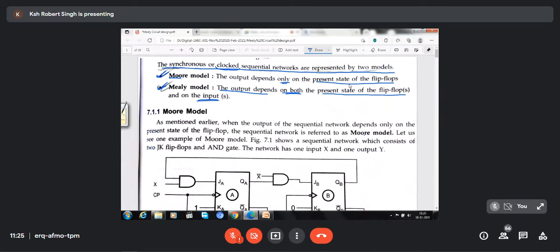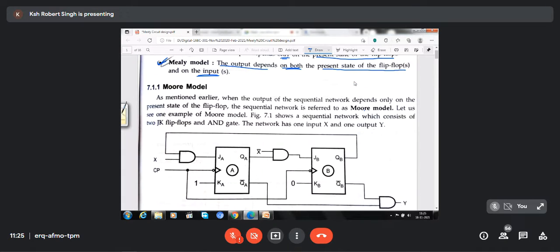For the sake of clarity, this is a Moore model. In this Moore model, you will see that the output Y does not depend on the input X. The output Y indirectly depends on X, but not directly.